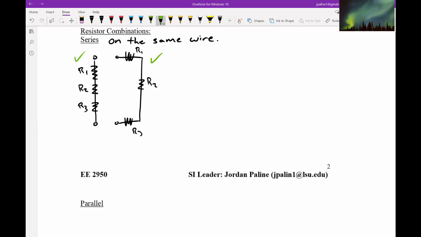If we have something like this, this is not, because not all of our resistors are on the same wire. That one is not on the same wire, so we cannot consider all of these to be in series. So knowing that, you can actually change it to make it all series. But let's just look at the equation for right now.